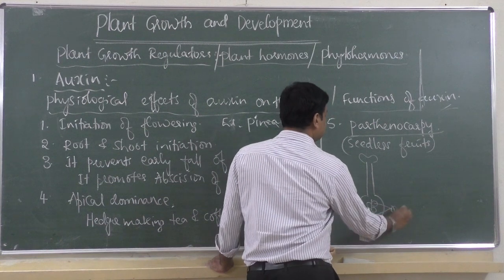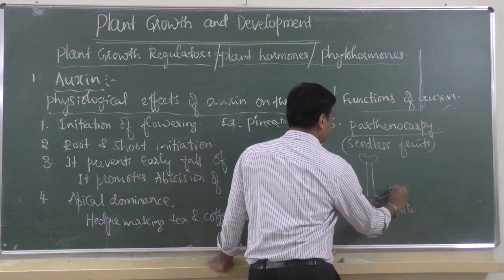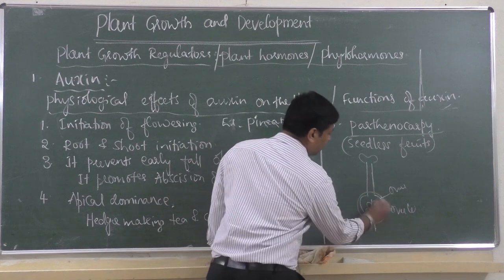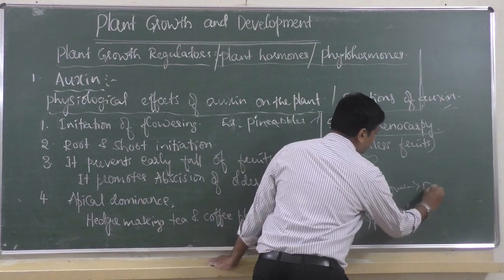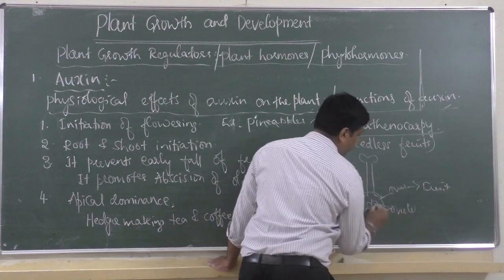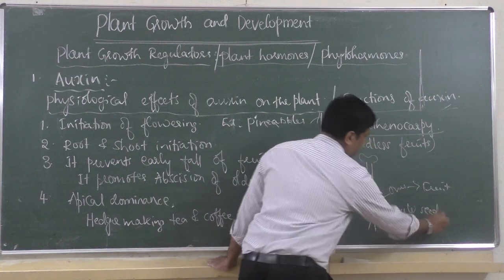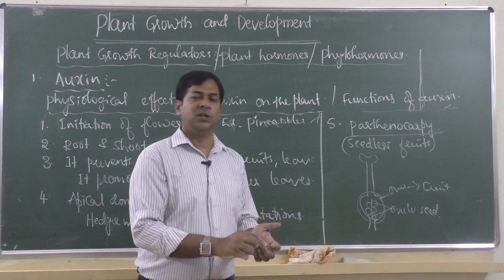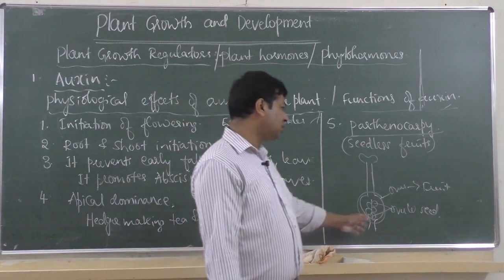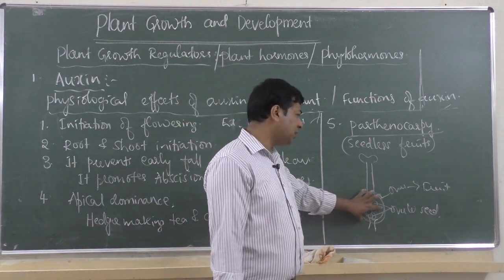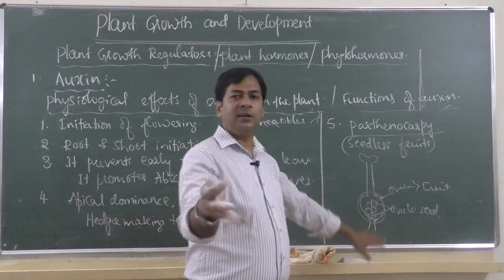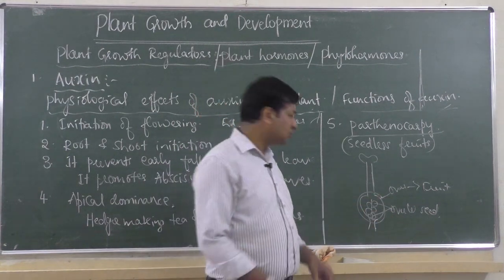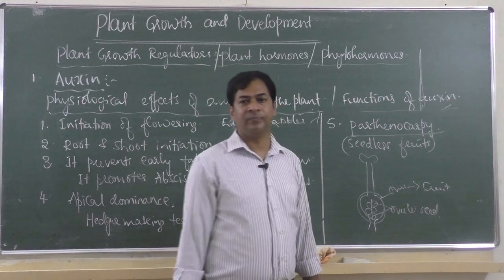This entire ovary becomes a fruit, and ovules become seeds. Here, no fertilization, no entry of pollen tube, no double fertilization, triple fusion. So the fruit is produced because the ovary becomes fruit, but the ovule doesn't become a seed. That is why seedless fruit is produced.